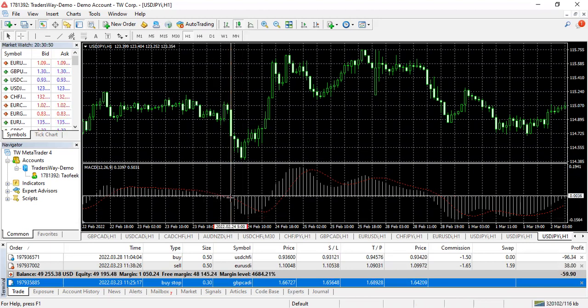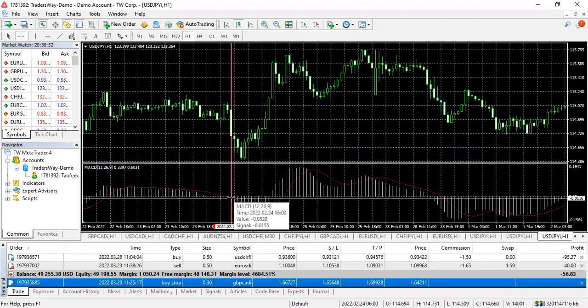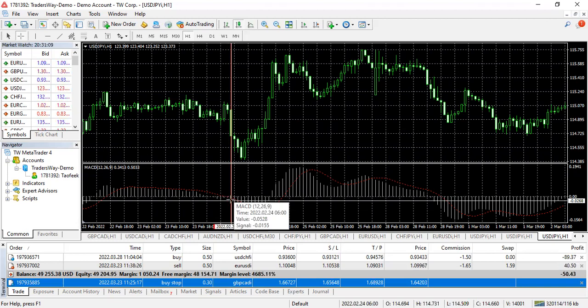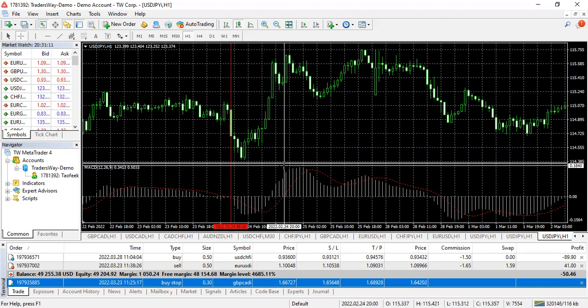Can you see the momentum? The momentum is very low at this point, which means any point when the momentum is very low, there is a possible chance that the market might come down or the market might go up.